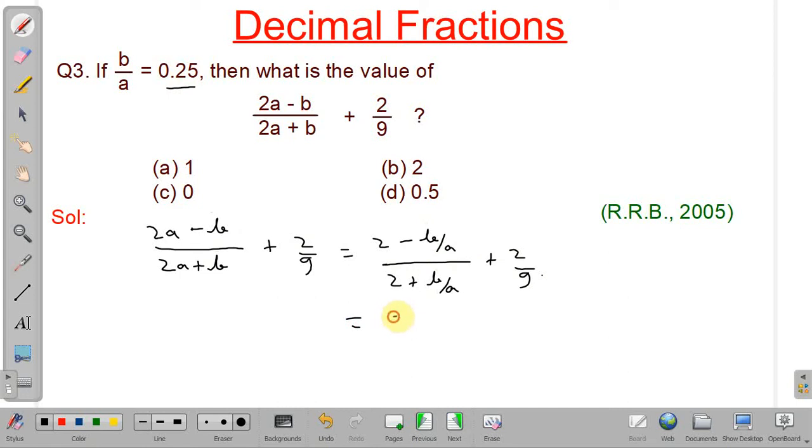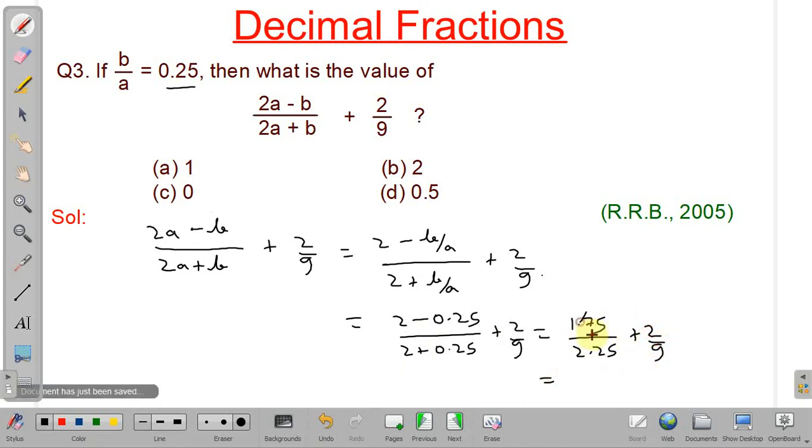So we will substitute that value: 2 minus 0.25 divided by 2 plus 0.25 plus 2 by 9, and it is equal to 1.75 divided by 2.25 plus 2 by 9, and after removing decimal we can divide by 25, so we will get 7 by 9 plus 2 by 9, that is equal to 9 by 9, and it will be equal to 1. So our answer will be option number A. Okay.